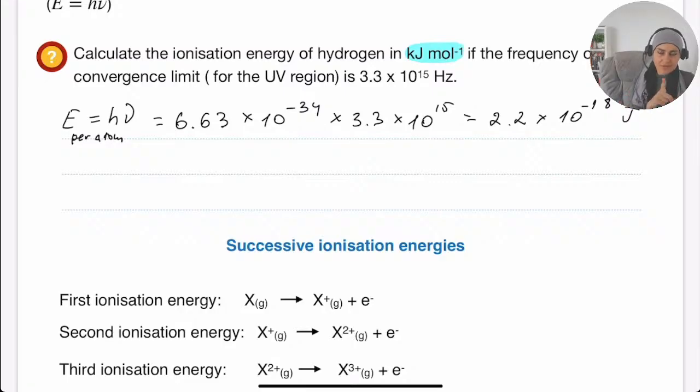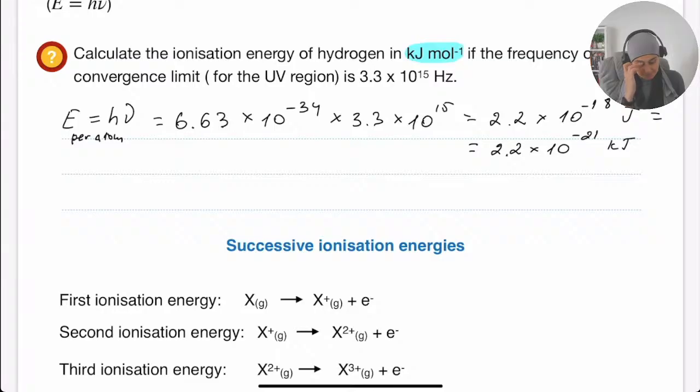That's per atom, yeah? And we want kilojoules per mole. So first of all, we need to convert it to kilojoules. So it becomes 2.2 times 10 to the, I divide it by 1,000, it becomes negative 21. Let me just double check that. Negative 18 over 1,000, yes, times 10 to the negative 21. So that's the same but in kilojoules.